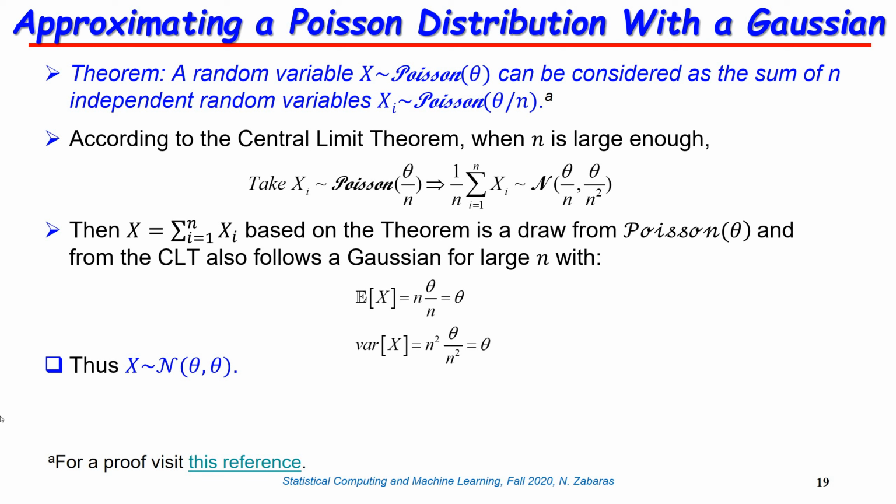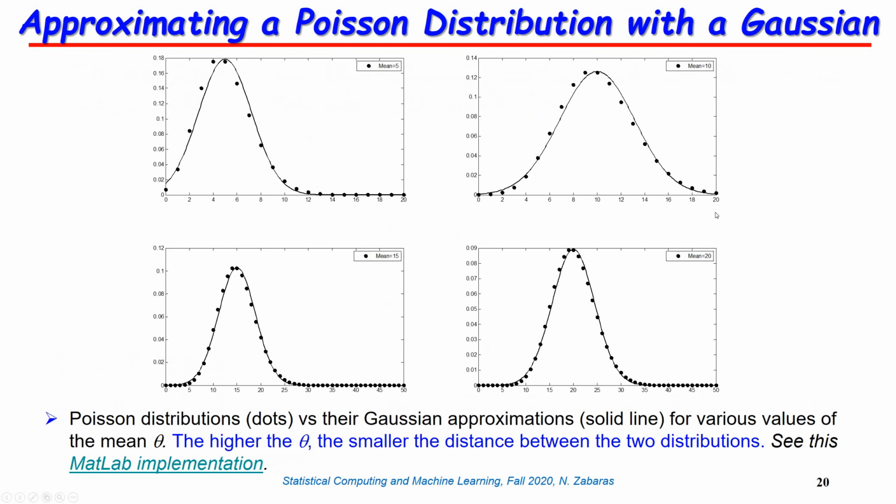If you don't believe me that this is the case, after this proof, let me just go and do this by using different numbers of samples to approximate the Poisson distribution with a Gaussian. You can see here, the dots are samples from the Poisson distribution, and the straight line is the Gaussian approximation.